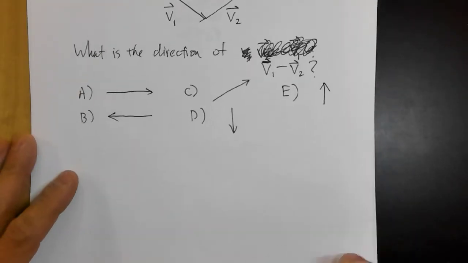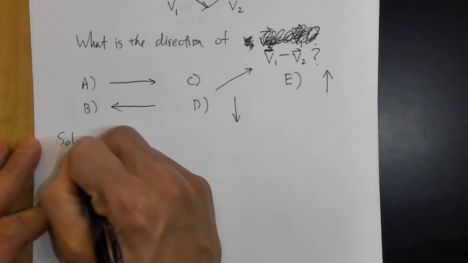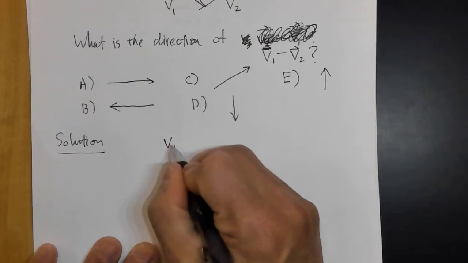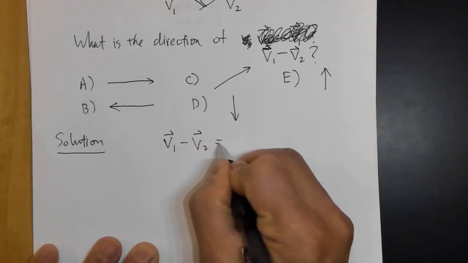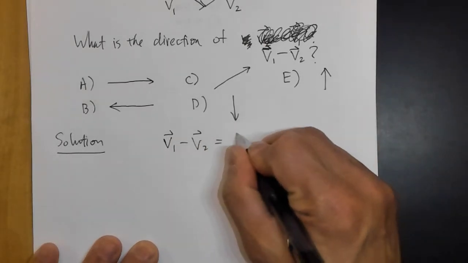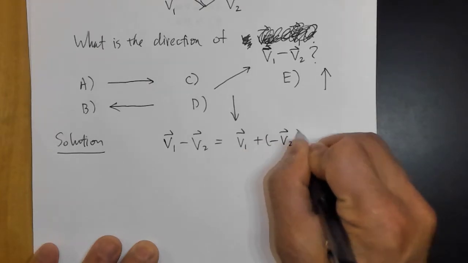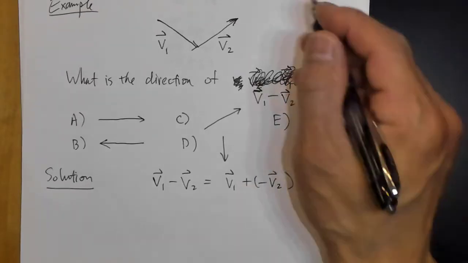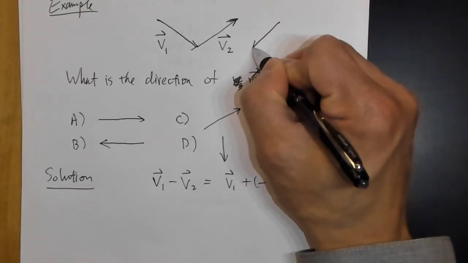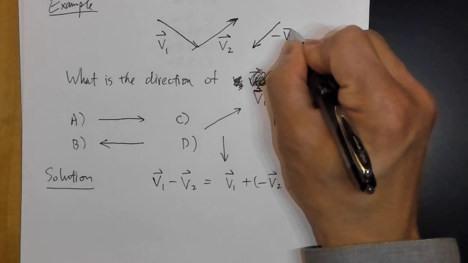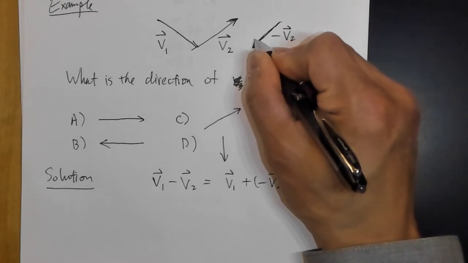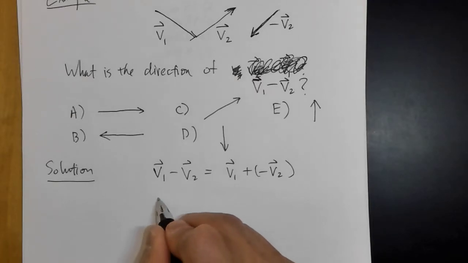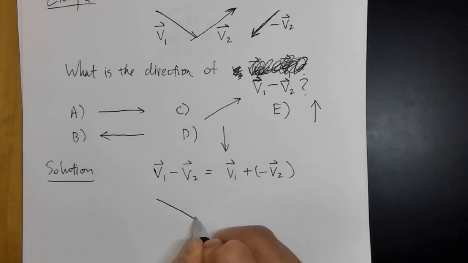Okay, so let's go over the solution. We want V1 minus V2. That's the same as V1 plus the negative of V2. The negative V2 looks like this, going opposite in direction to V2, same magnitude. So I take my first vector, V1, and draw that.